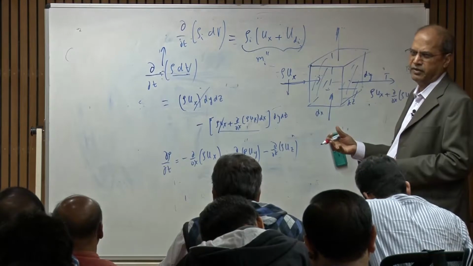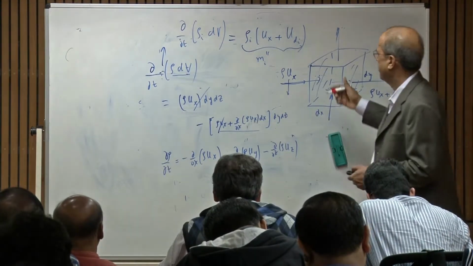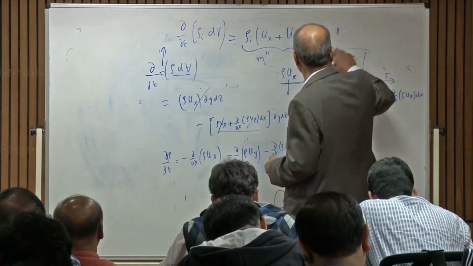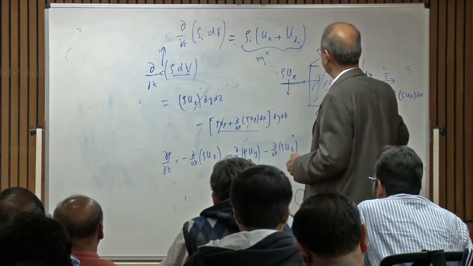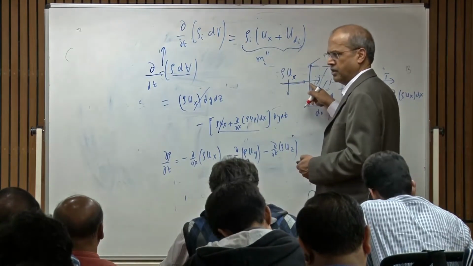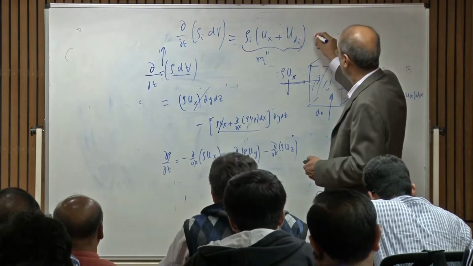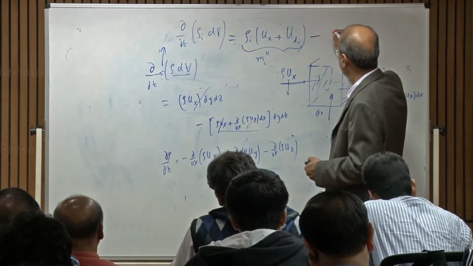So, mass flux has convection and diffusion. And then going out will be minus.